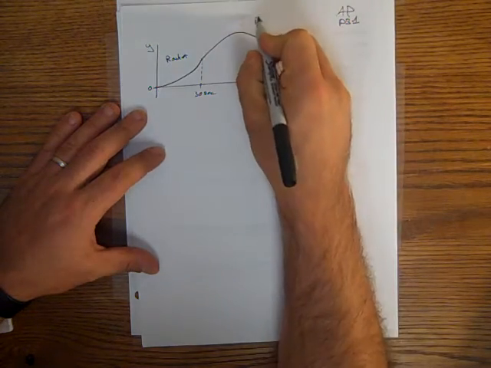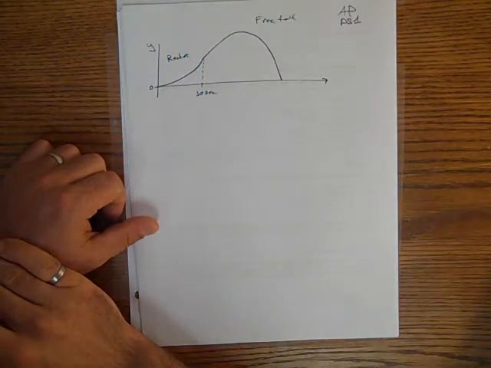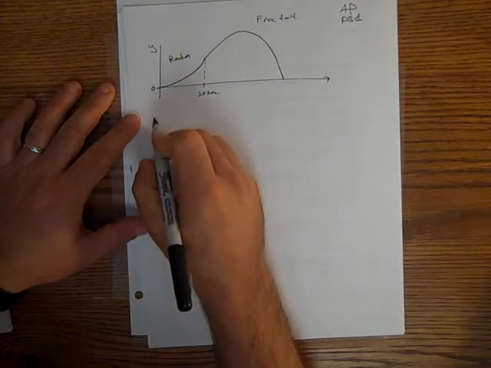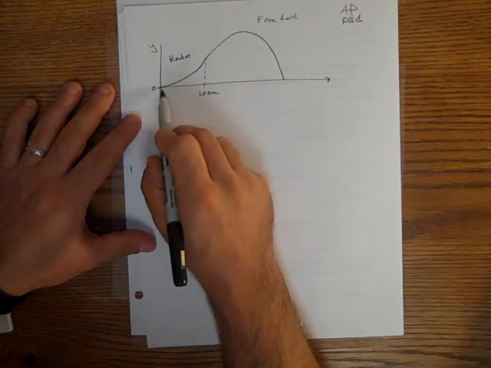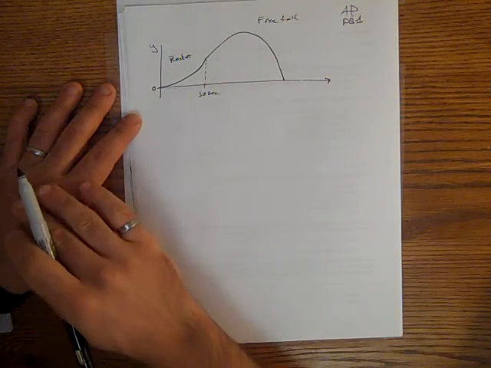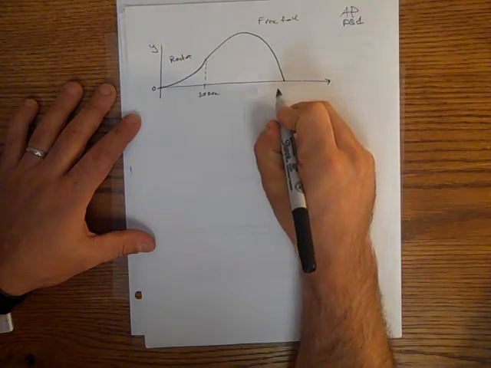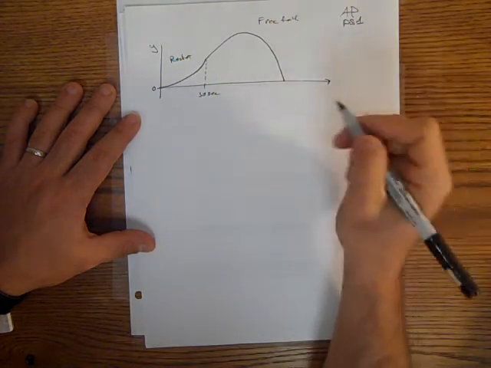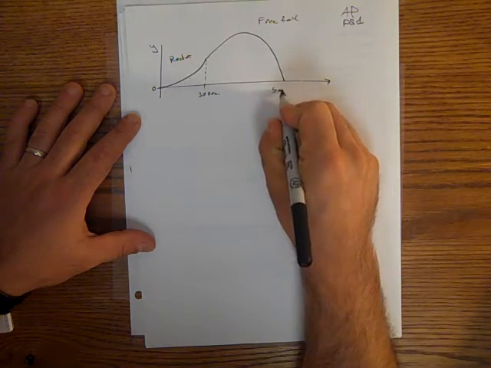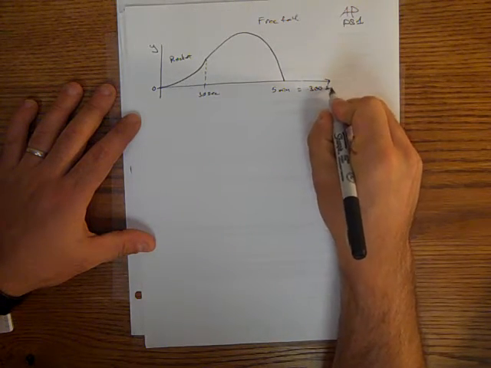Okay. But this is a free fall problem afterwards. So it accelerates up, acceleration in the positive y direction, and then it turns around. The acceleration here is going to be negative from 30 seconds onward to a total of 5 minutes, which is 300 seconds.